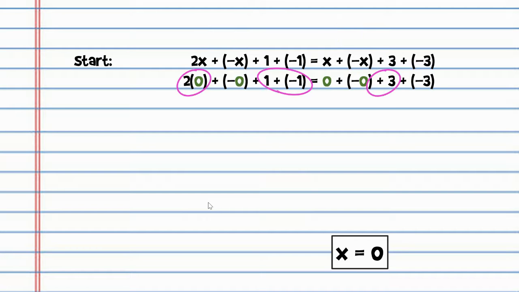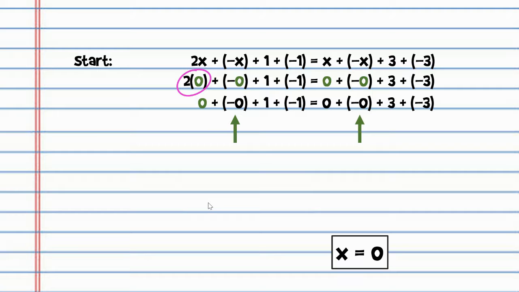I see I have multiplication, subtraction, and addition, so I'll do my multiplication first. 2 times 0 is 0, and that's the only multiplication I have in the equation. But I want to draw your attention to these negative zeros right here. Normally, say if x were 2, then negative x would be equal to negative 2.